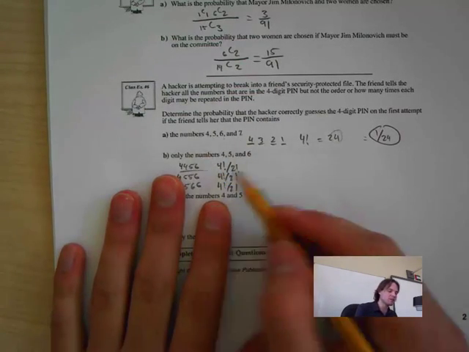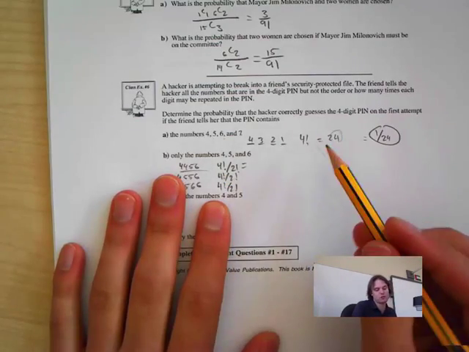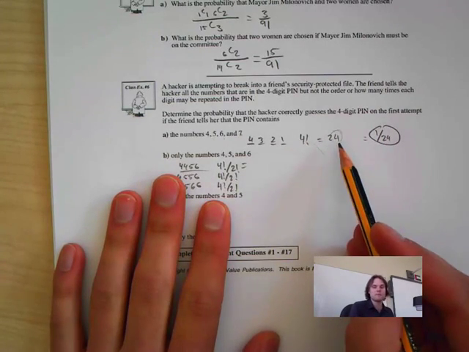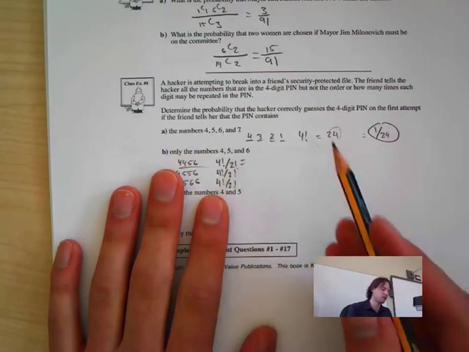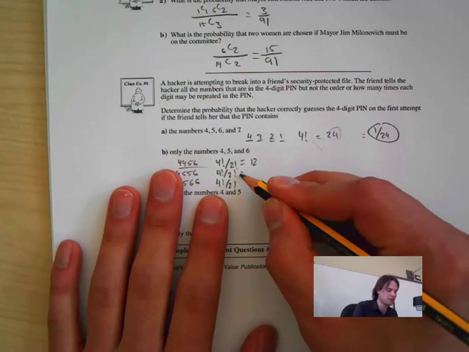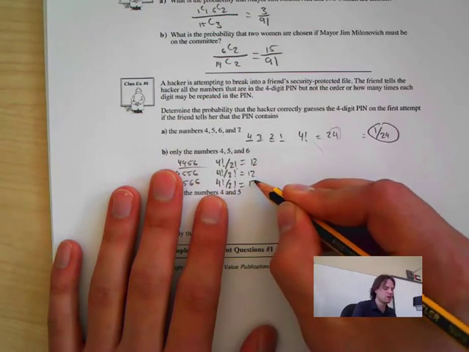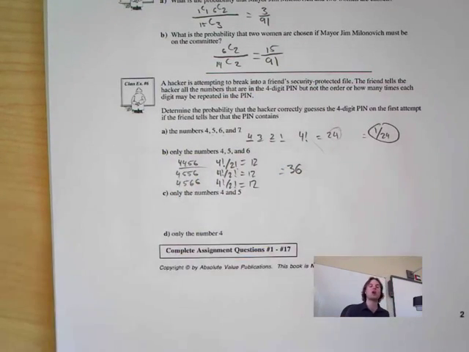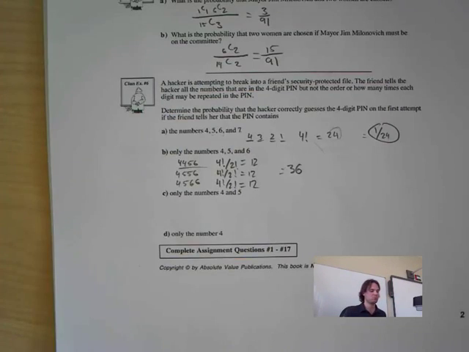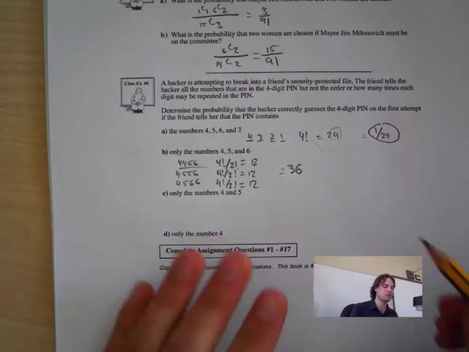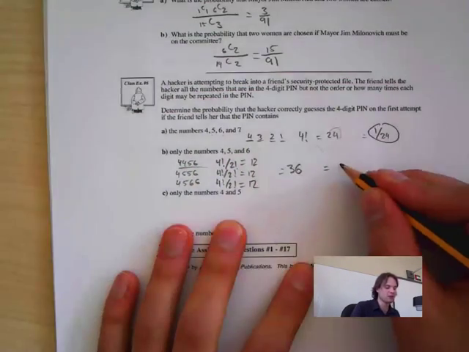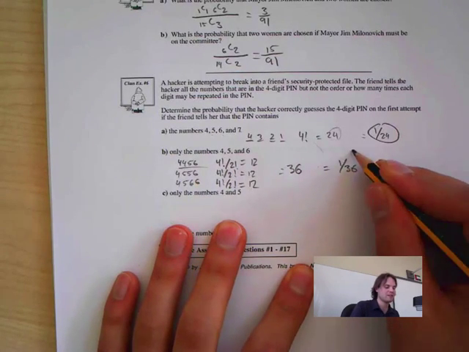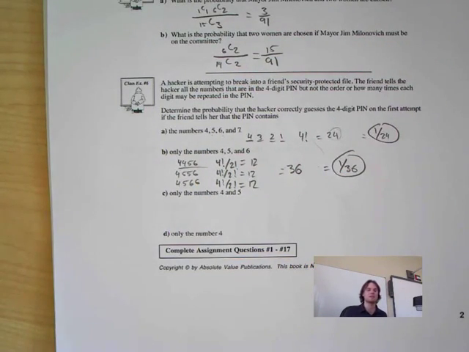So we add all these numbers together. Each of these is 4 factorial, which is 24, divided by 2 factorial, which is 12. Now we add these all up, which gives me 36 different combinations. So if ones repeat, there's 36. So altogether, it is a 1 in 36 chance that he gets it right if he just guessed.